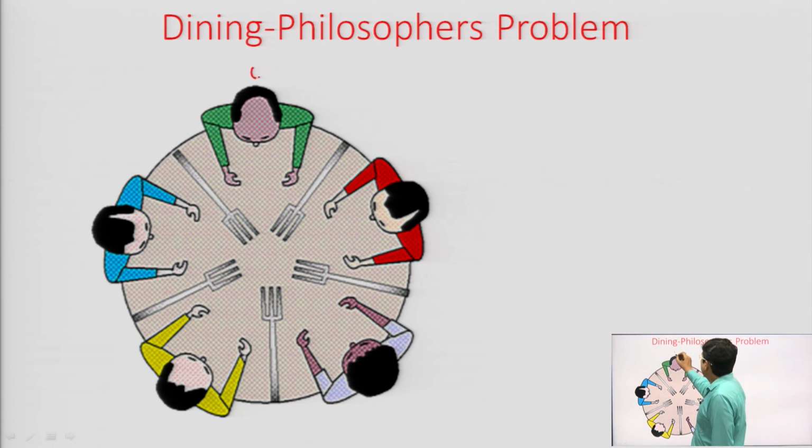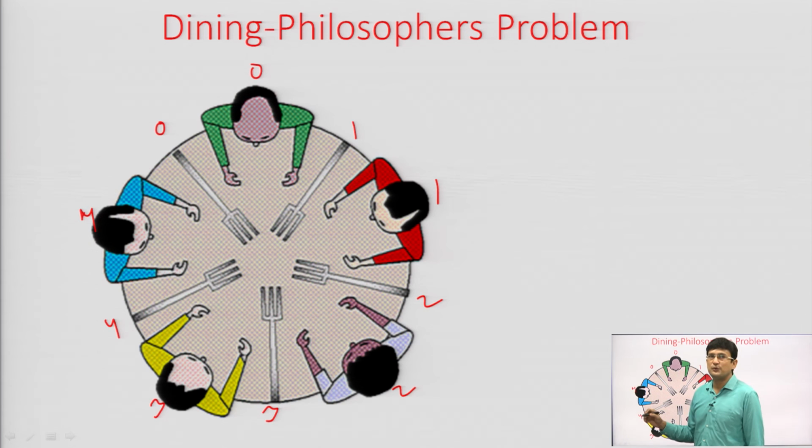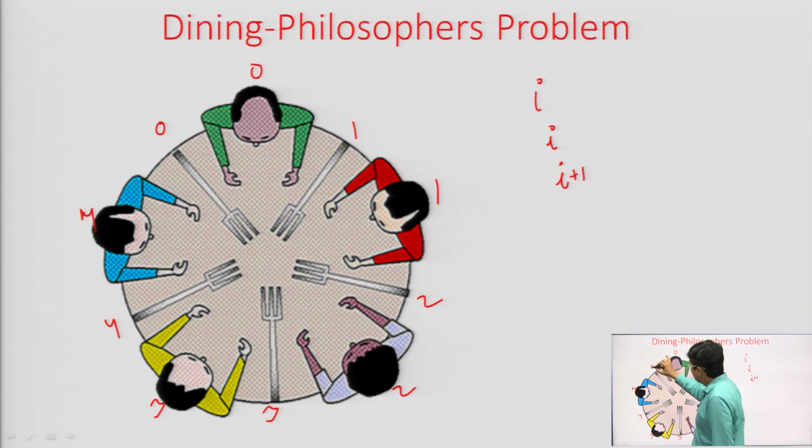is that the ith philosopher should have access to the fork on the left and the fork on the right. If this is the ith process, then the fork on the left is I and the fork on the right is I plus 1. If the philosopher is 0, the left fork is 0 and right fork is 1.